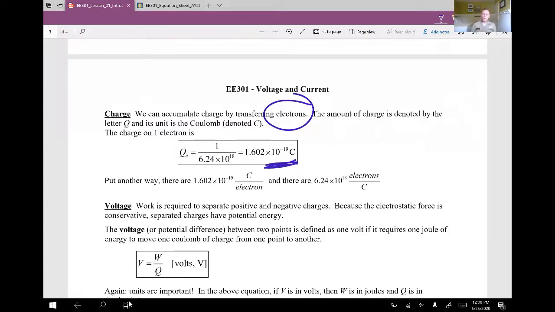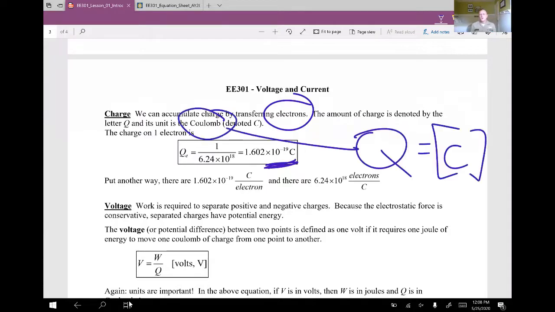Or in 1 coulomb of charge, which would be Q. Q has a unit of coulombs. And so units I put in the brackets like that. And so there's 1.602 times 10 to the negative 19th coulombs per electron. Or there's this large number, 6.24 times 10 to the 18th electrons in 1 coulomb.